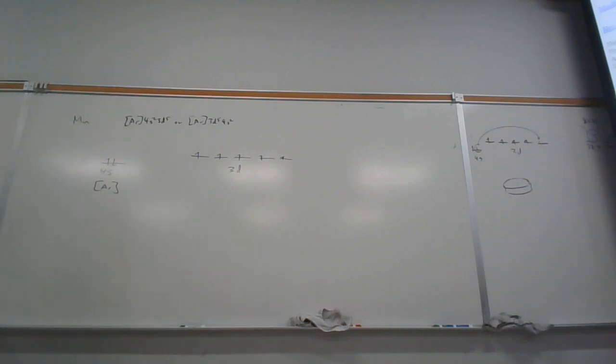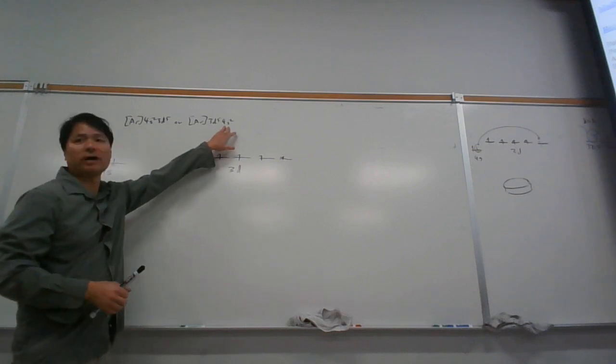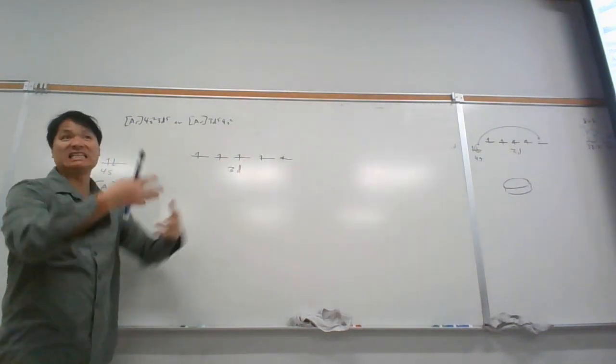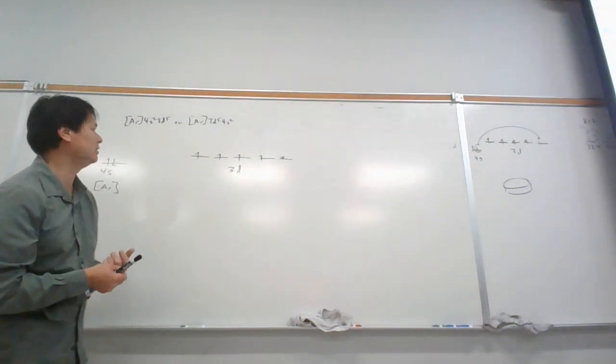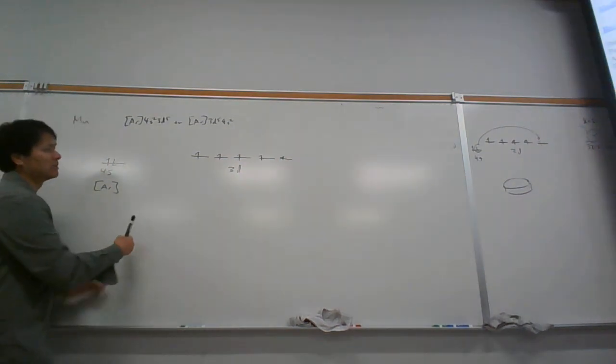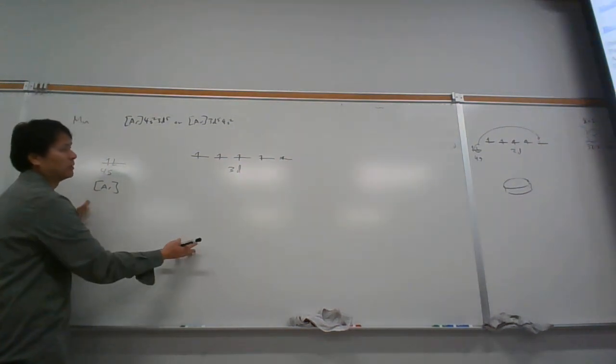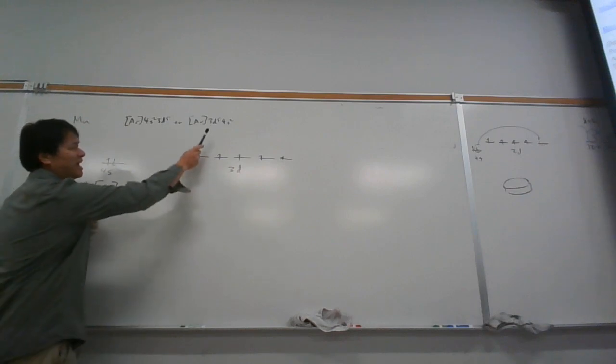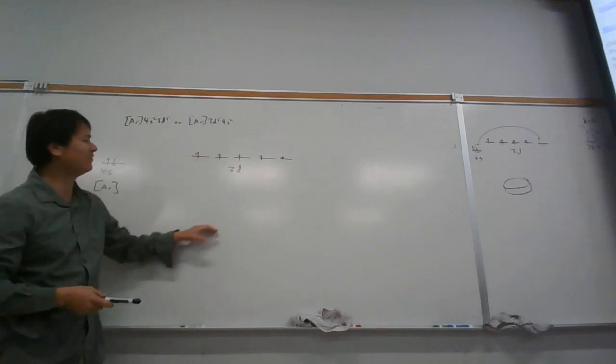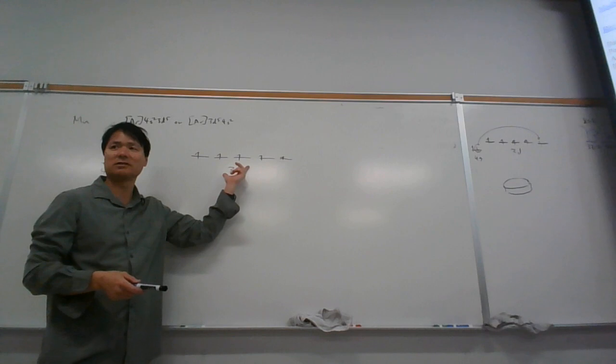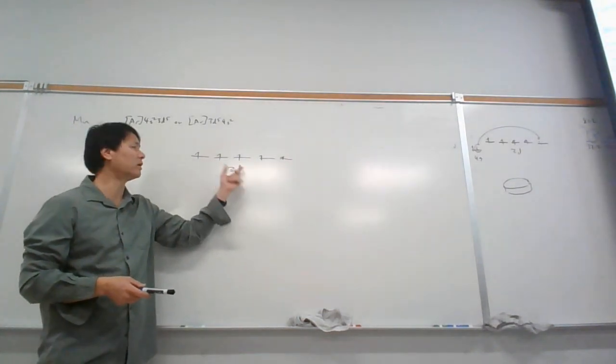So what are the common charges of manganese? +2, +3. So for +2, we remove the 4s. Those are going to be the easiest accessible electrons because they're going to be the furthest, the biggest orbital. And then we're going to attack this. But when we attack this, we're going to disrupt this symmetry. So this is going to cost us a little bit more energy.